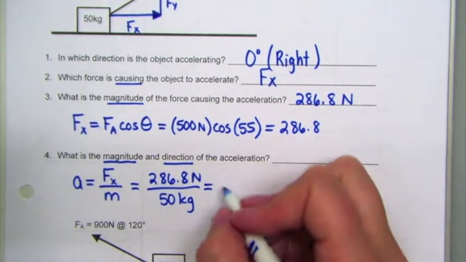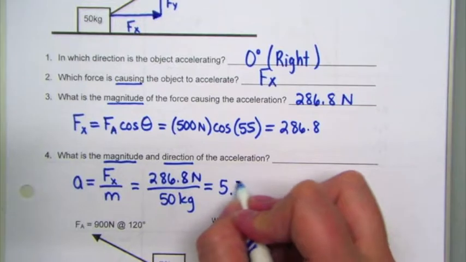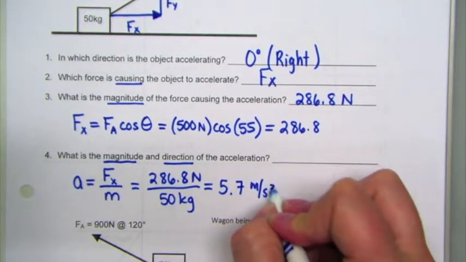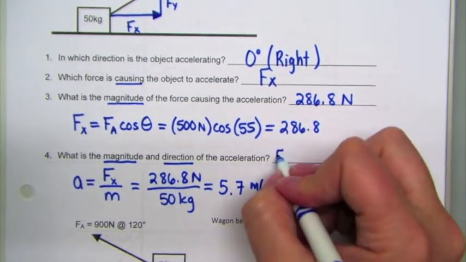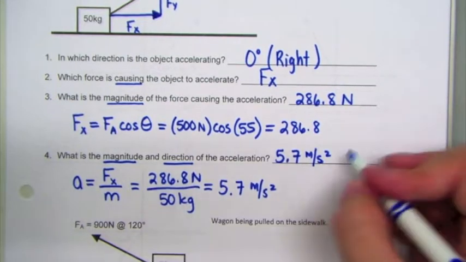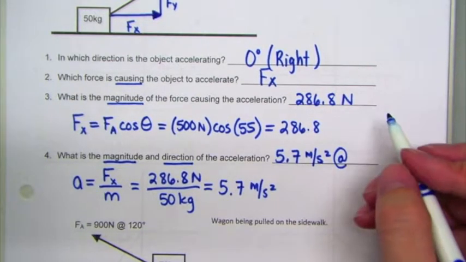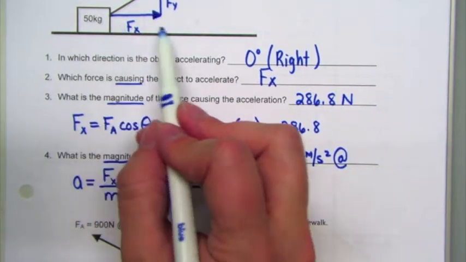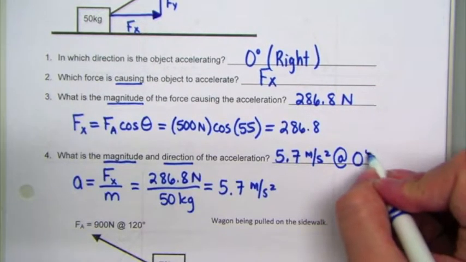Okay, this gives us 5.7. So when we write our answer, make sure we include the direction. And since we know it's moving to the right, we just put at 0 degrees.